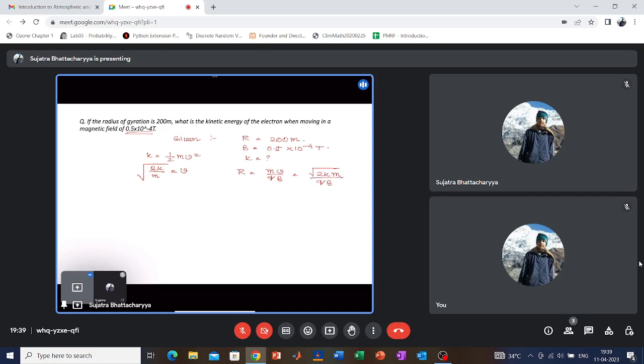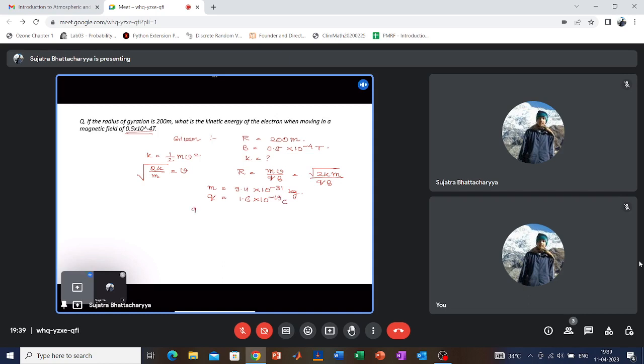Now given that it is an electron, the mass is also known, that is 9.11 into 10 to the power minus 31 kgs. So everything is known: R, m, q, and B. q is the same, 1.6 into 10 to the power minus 19 coulombs. Just put the expression and get the K.